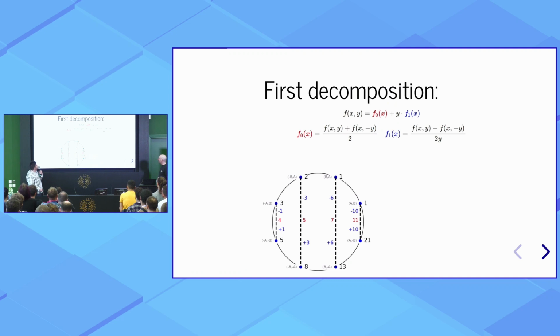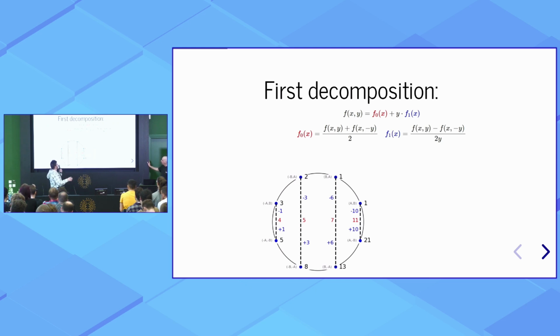All right. The idea is to do a decomposition almost exactly like in regular FFT. In regular FFT, you're taking a polynomial and you're splitting it to even and odd powers with a very similar formula. Well, this is almost the same.